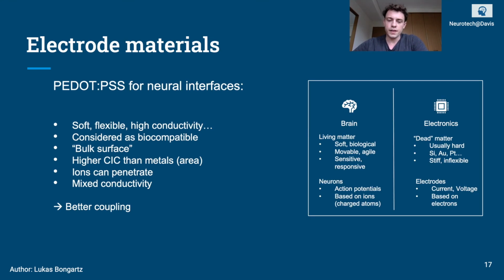For neurointerfaces in general, these properties are interesting because, as previously mentioned, it's soft, flexible, has high conductivity, and so on. But in addition to this, it is usually considered also as biocompatible, and it has a so-called bulk surface, in contrast to metals, which have a quite even surface.